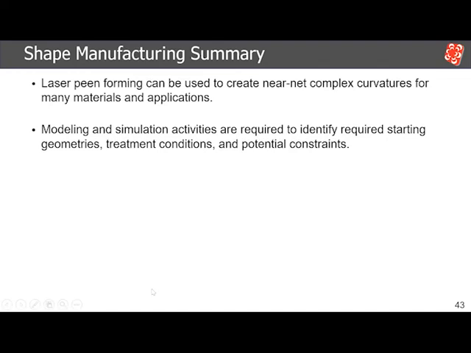But again, it requires strong modeling and simulation capabilities to solve the inverse problem of having a desired target shape and figuring out how to get there from laser peening. This is an area of growth, and I think this will probably be touched on by anybody else in their presentations as they discuss how laser peening can be used in forming and straightening.